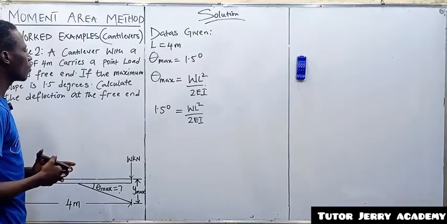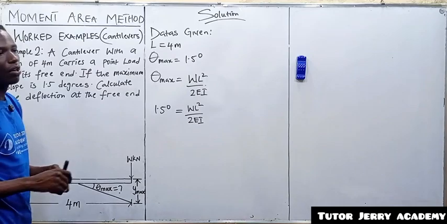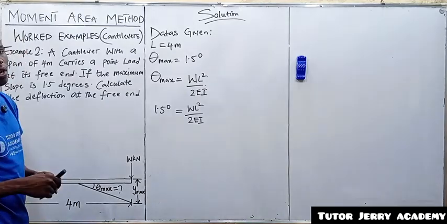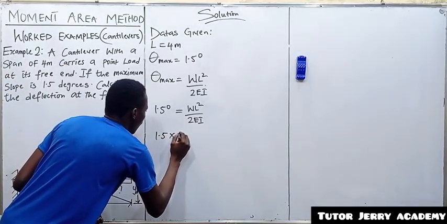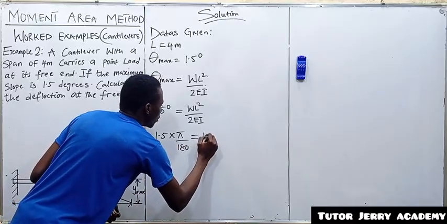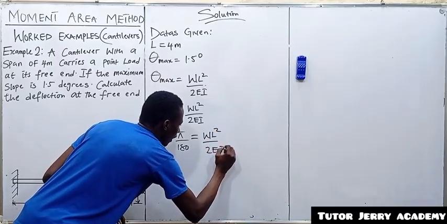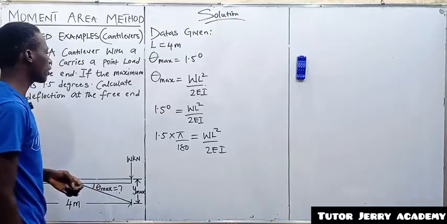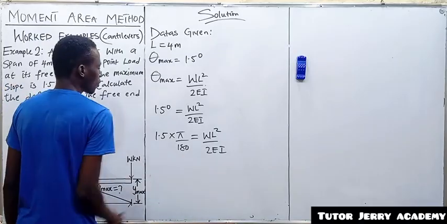Now we can convert degrees to radians. To convert degrees to radians, we multiply by pi all over 180. So we have 1.5 multiplied by pi all over 180 equals WL square all over 2EI. In the same vein, we can multiply both sides by 2.